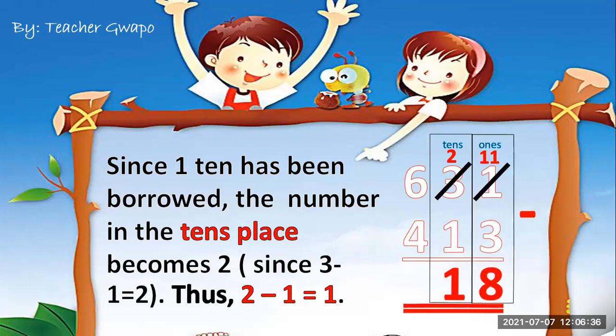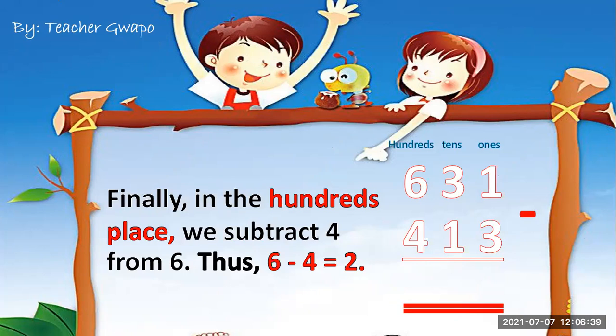Okay, very easy. And the last step here, the hundreds place, we subtract 4 from 6. But before that, let's start again in the ones place. 1 one minus 3 ones cannot, so we borrow from 3 tens, and 3 tens become 2 tens, and then 1 becomes 11 ones, and we can subtract now because 11 is greater than 3.